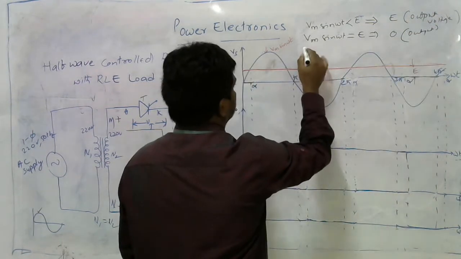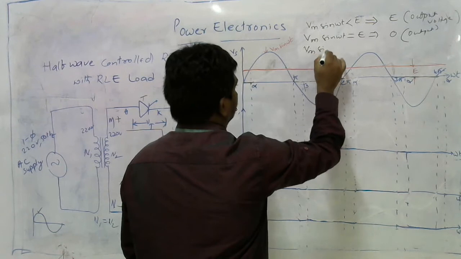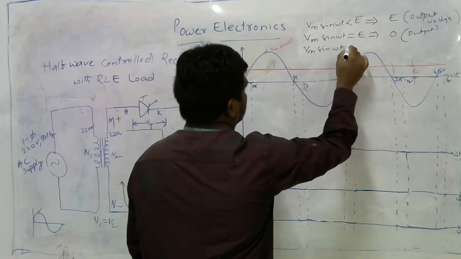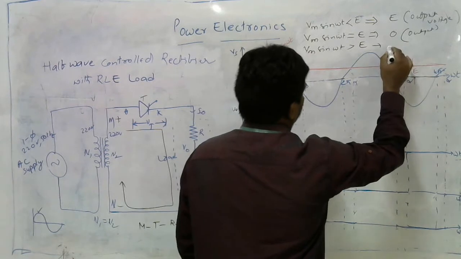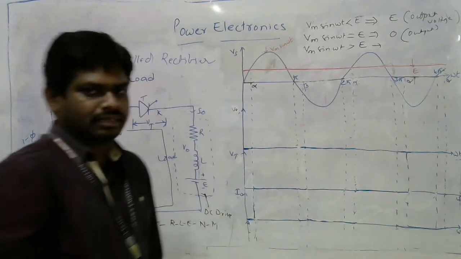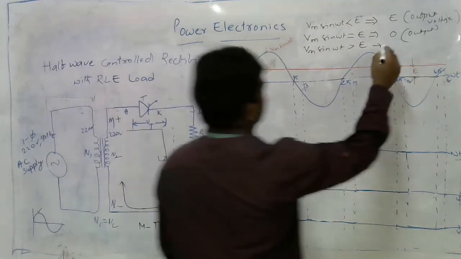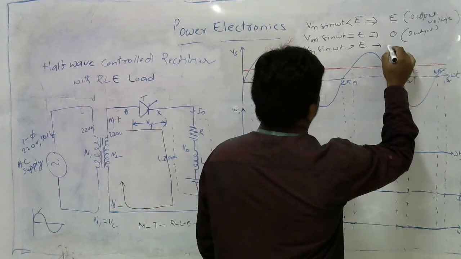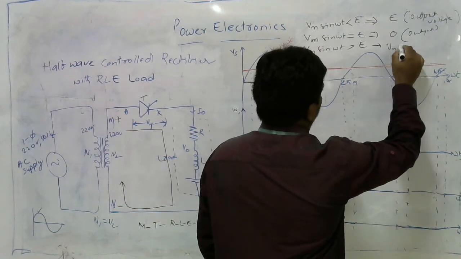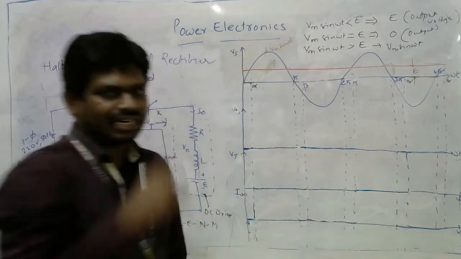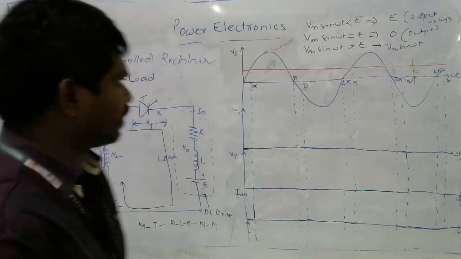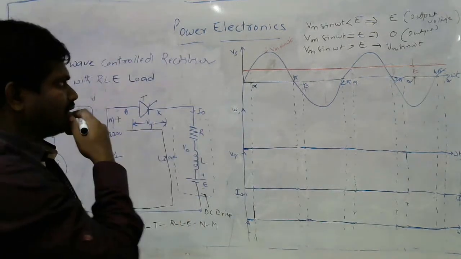Third case: Vm sin omega t is greater than E. Then the input voltage is dominating, and the output is Vm sin omega t. So these are the three different conditions we can see in this operation.